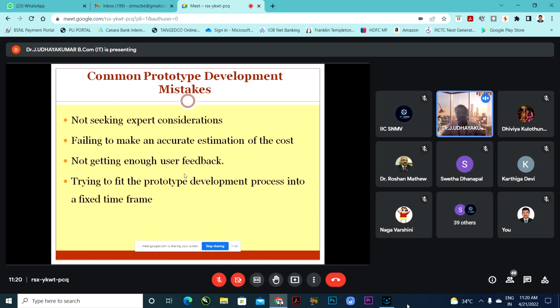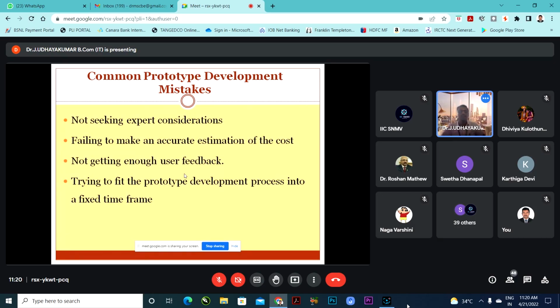Most of the manufacturers or producers are not getting feedback from the users, because without getting feedback, it will be very difficult to frame the product. Another mistake is trying to fit the prototype development process into a fixed time, but the length of this process depends on the sophistication of the part.